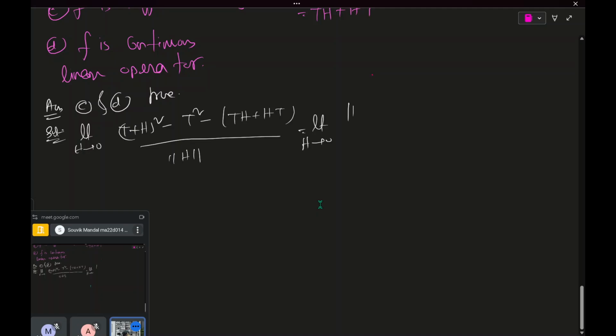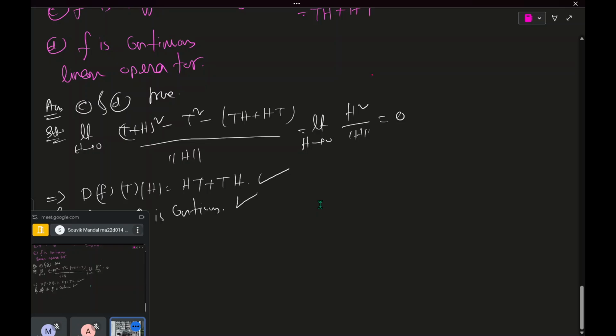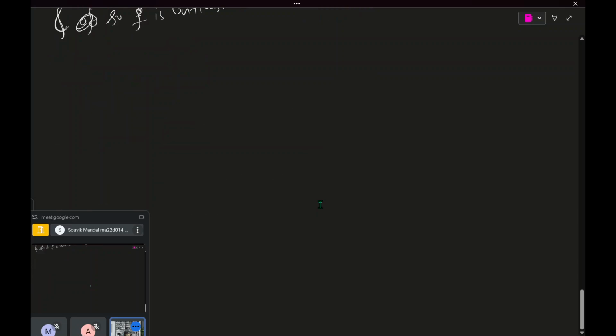And of course F is continuous. So C and D are true, and the rest two options are false. So that's the argument.